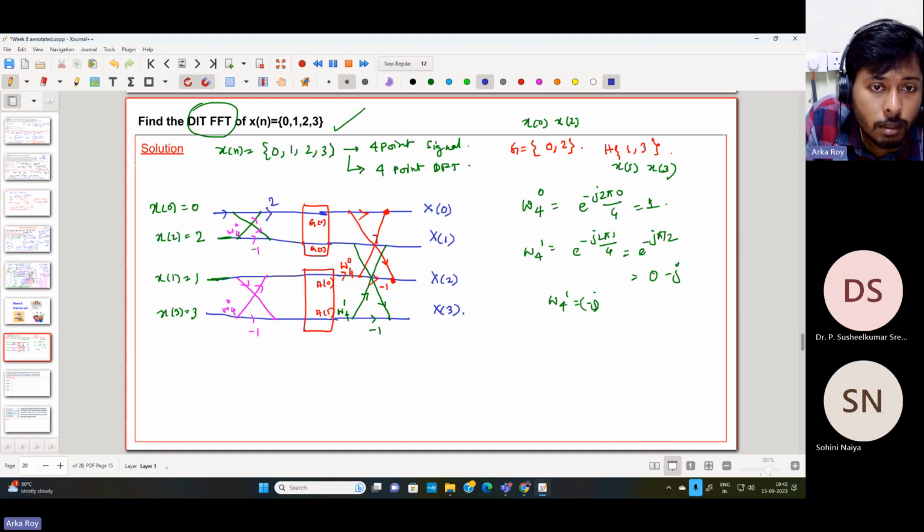Likewise, this is 0, this is 1, this is 0, this is -1 multiplied with 2, so it is -2 over here. Fine. Over here also the 1 is coming, and over here it is 3. So 1 plus 3 is equal to 4. And 1 minus 3 is -2.